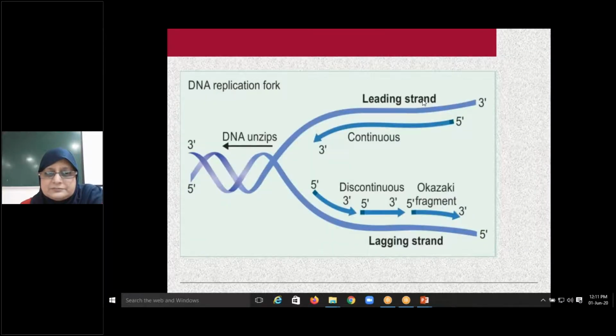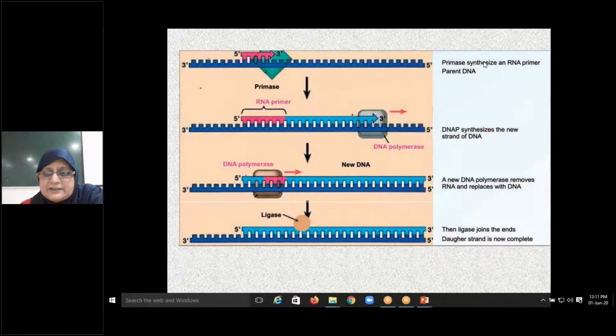And here you can see this is the primase, on one single template strand in the 5' to 3' direction.